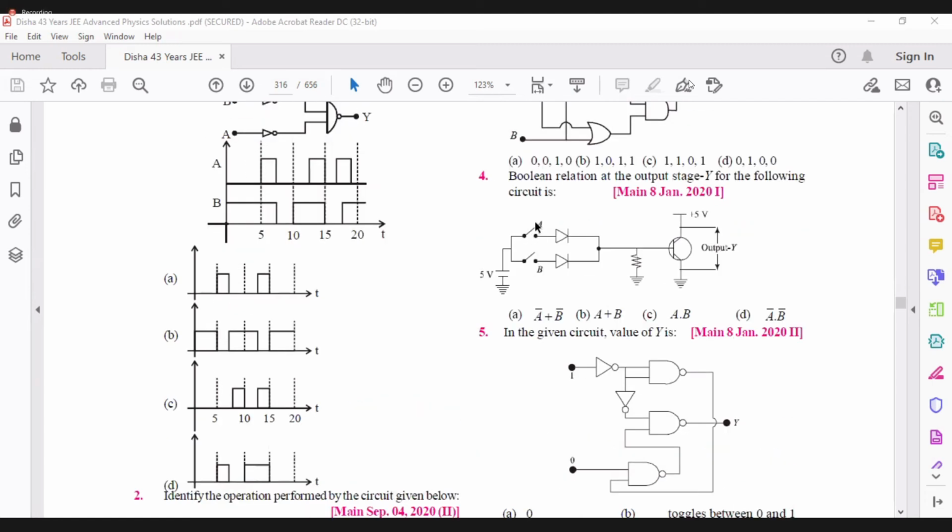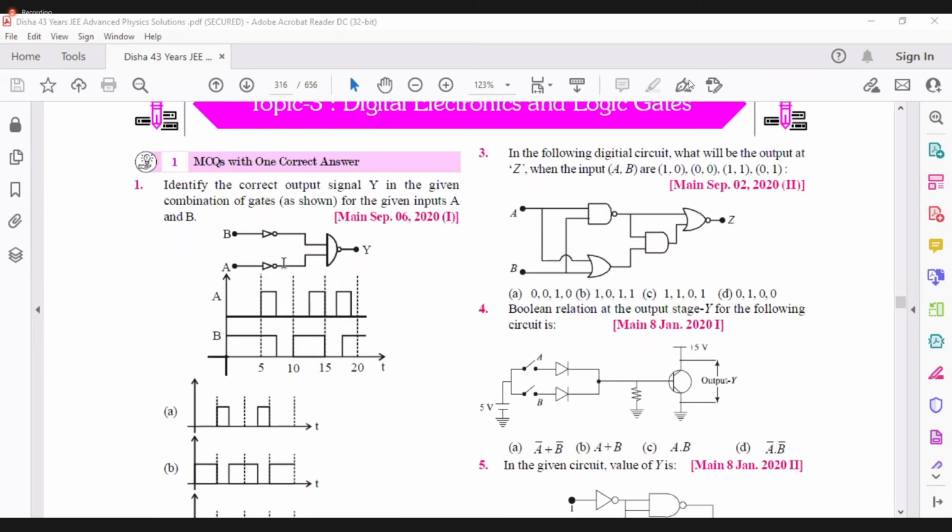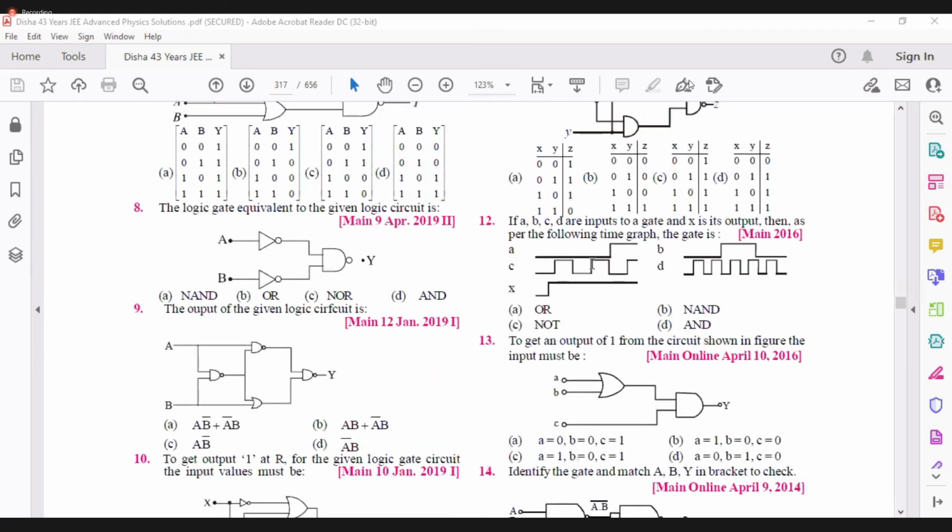Say the Boolean relation for this. A is connected, this is in forward bias. It goes like this. This is 5 volts, this is 1.5 volts. You have to write the Boolean algebra for this. So gates, we'll do it. Gates are easy, right?